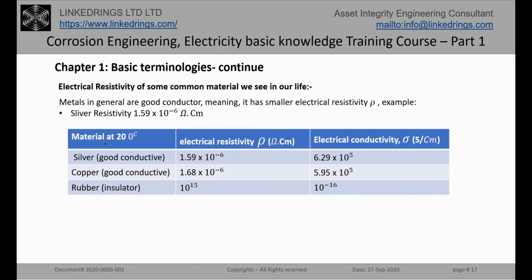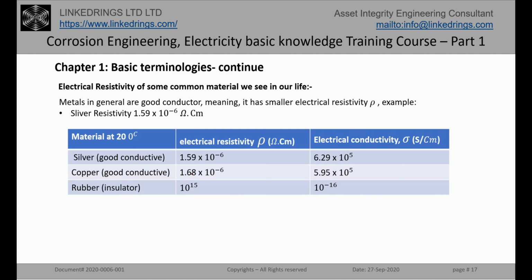These are values for some materials at 20 degrees Celsius. Yes, there is a change with temperature, but it is out of the scope of this course. Here we will see the electrical resistivity in ohm centimeter, and here the electrical conductivity in sigma per centimeter. Silver is a good conductor, and copper is a good conductor.